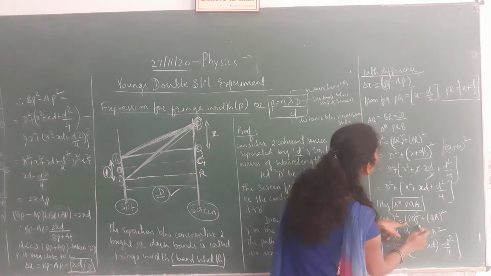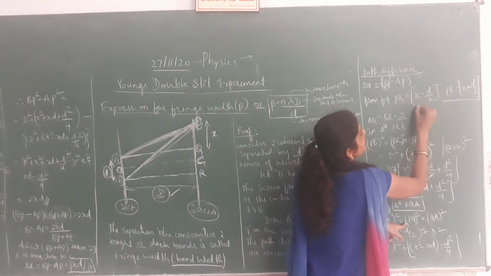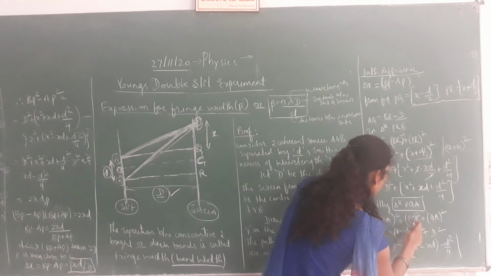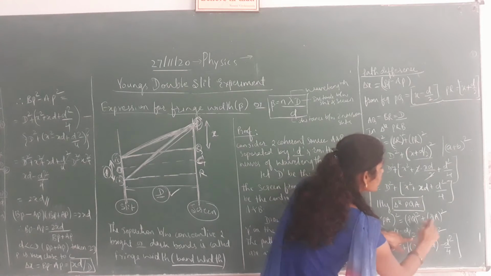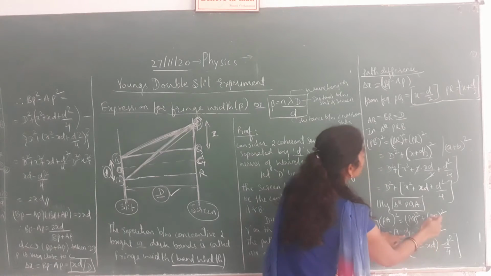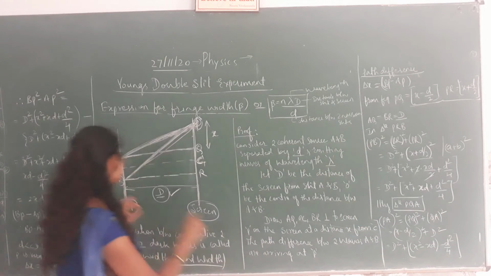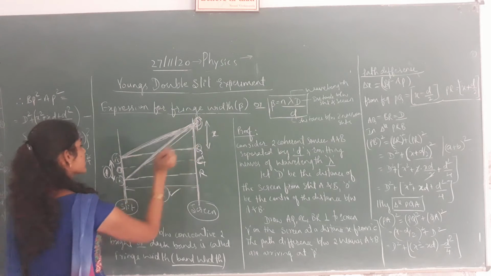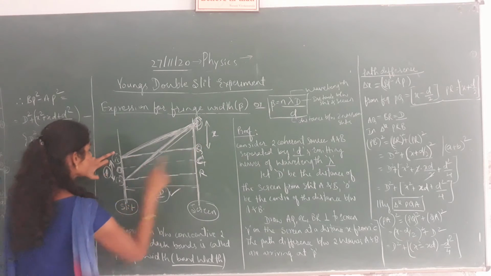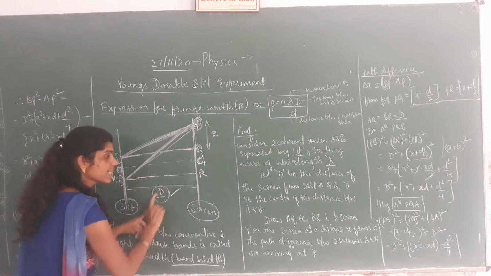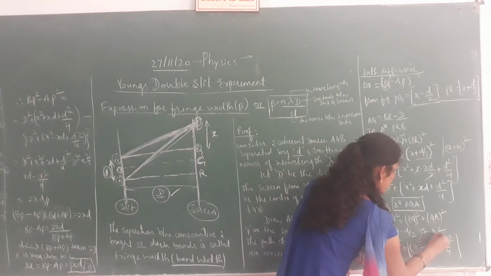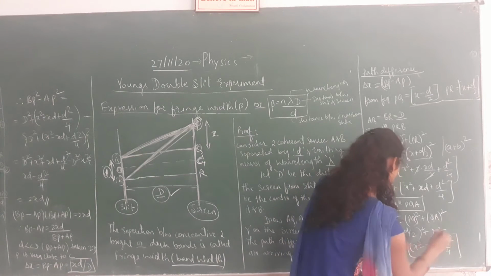Here PQ is nothing but x minus d by 2, whole square, so we substitute x minus d by 2 whole square, plus QA. This QA is nothing but D, so we substitute D square, which is kept as it is.